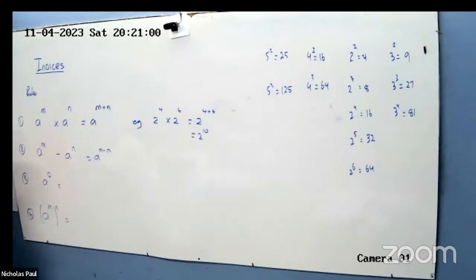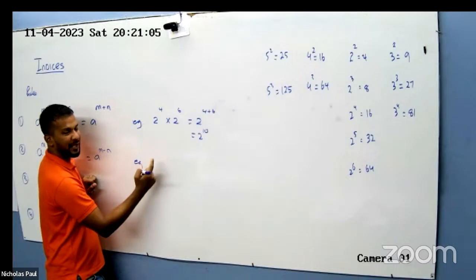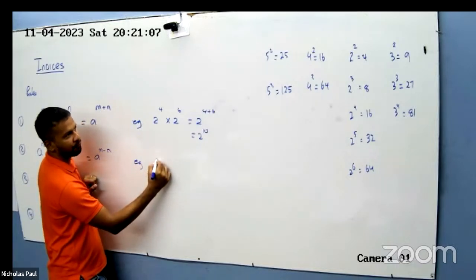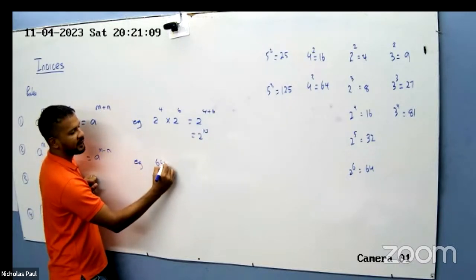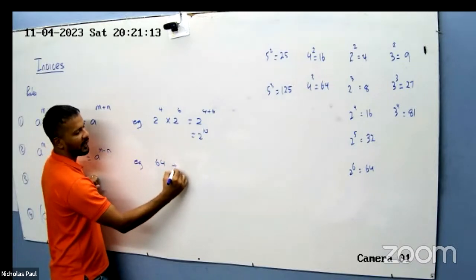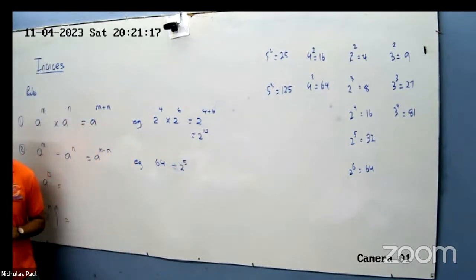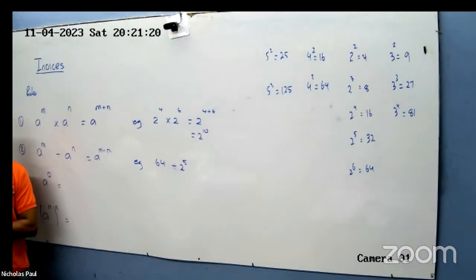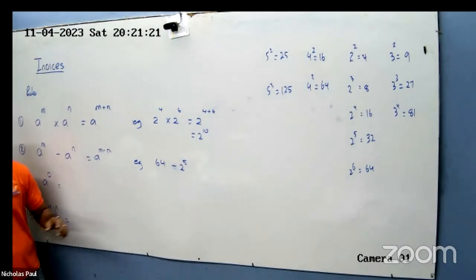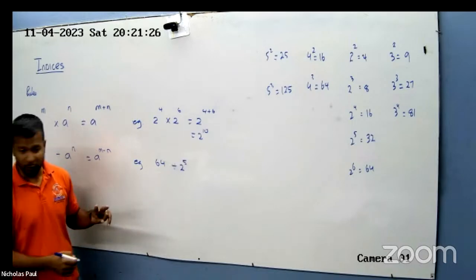Yeah? Good. So for example, what will you do in a case like this? Suppose I said 64 divided by 2 to the 5. You won't be able to use the rules as yet, right? So what to do? Convert 64 to the base 2. Nice.